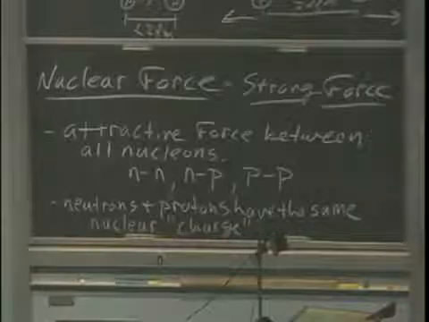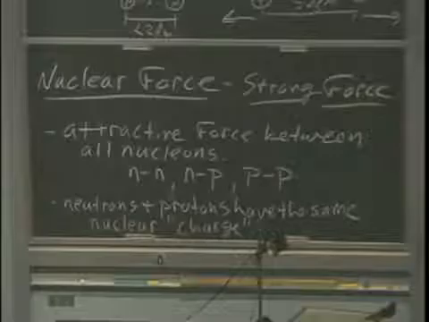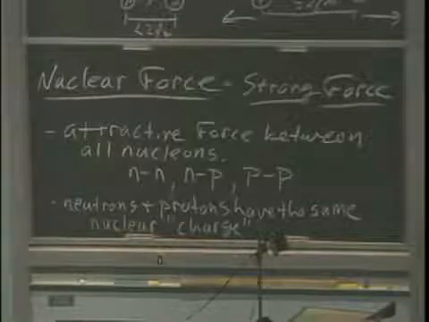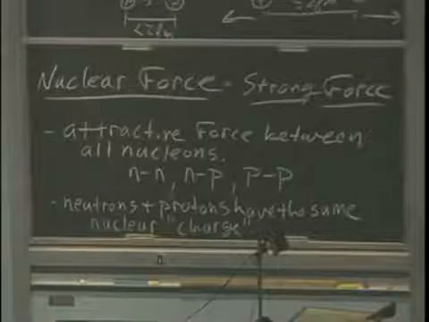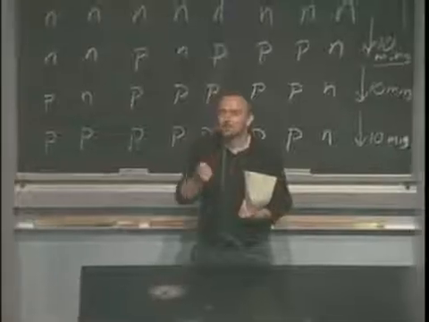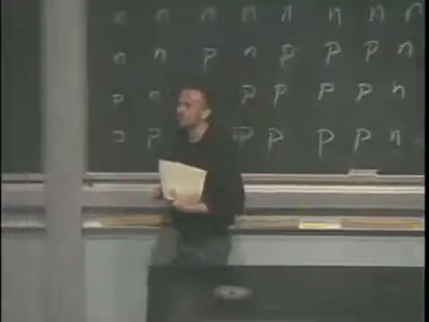There's the electrostatic repulsion, and there is the nuclear strong force, the attraction. And I say they're balanced, but I should be careful there. They are trying to balance each other, and whether a nucleus is stable or unstable depends on how well those forces are balanced for a given nucleus.